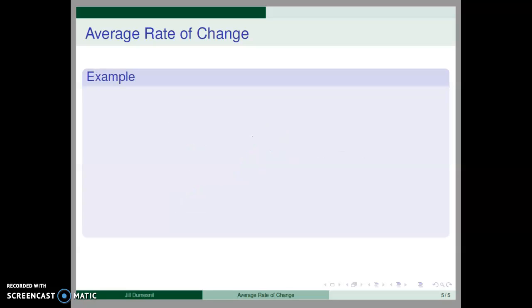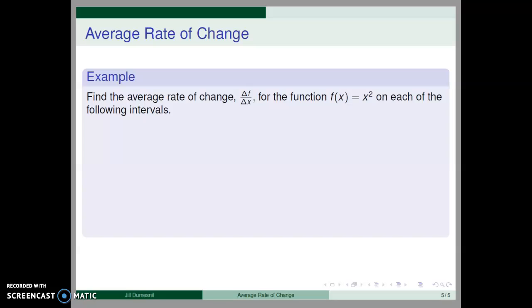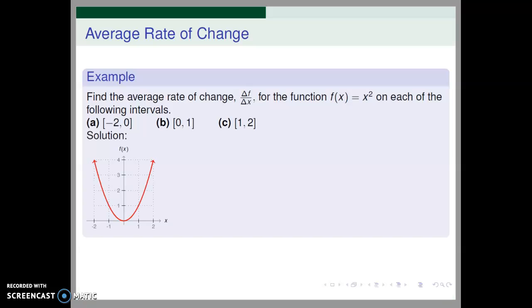Now let's consider an example problem. We want to find the average rate of change for the function f of x equals x squared on several closed intervals. I almost always start my solutions with a sketch or graph of the function involved. Even though a graph isn't strictly necessary, producing one helps get my mind focused on the problem.